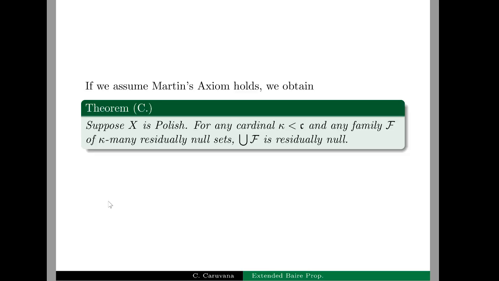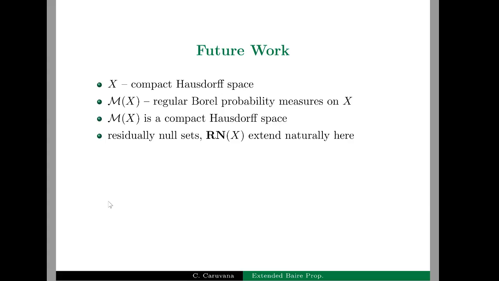So this may raise the question, is there a relationship? Does it go the other way? Well, so what do I mean? So if I go into a broader context, I leave the Polish and I go to just compact Hausdorff spaces. It's important to impose the regularity condition on the measures. So I just let M of X be the regular Borel probability measures. So not all measures have to be regular here. But if I look at the regular ones, they themselves form a compact space in a similar way as the usual measures.